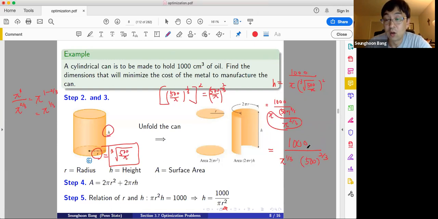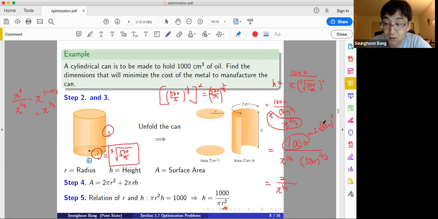One more. What about the 1000? The 1000 is like 500 times 2. So change it like this: 2 times 500 to the power 1, so you can keep 2, and you keep pi to the 1/3.